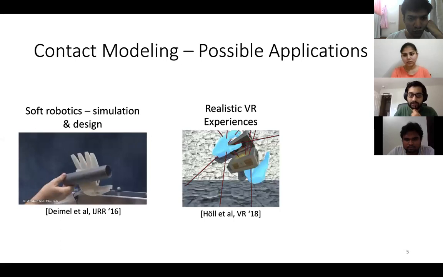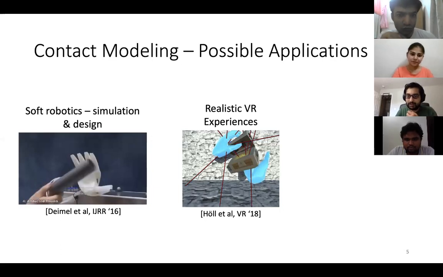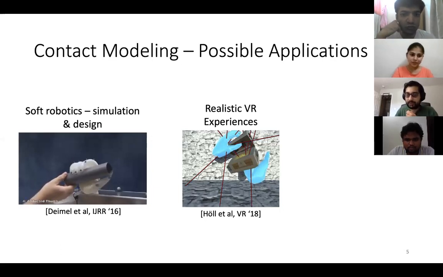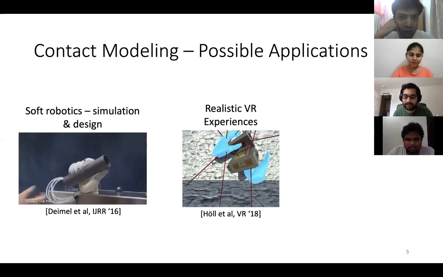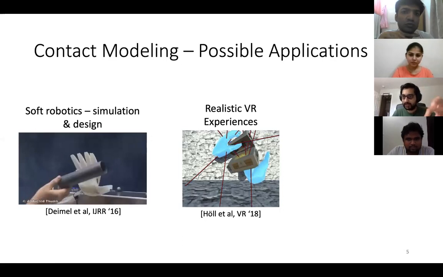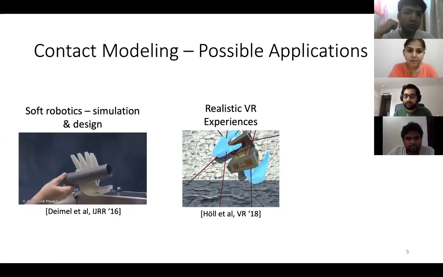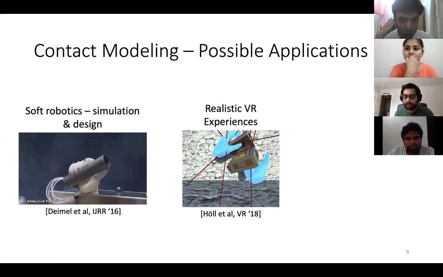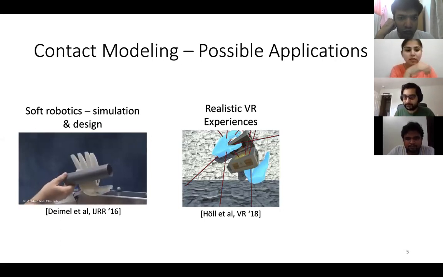Contact modeling is also very important in making virtual reality experiences more realistic. For example, in virtual reality, what is happening is it's looking at your hands in the real world and trying to recreate them in the virtual world. But if you don't have really good contact modeling, then everything will look fake.